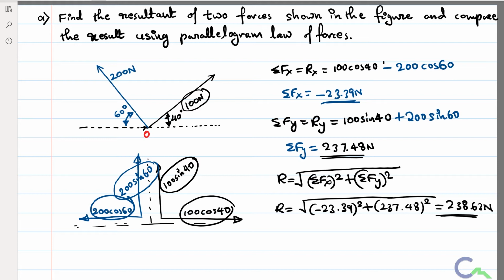So if you want to find the angle of the resultant, I will take it as alpha.